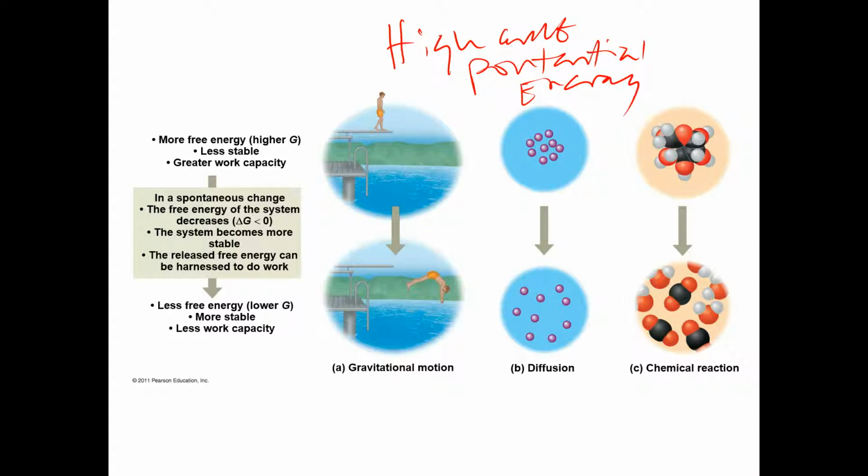Now, when the diver jumps off, that energy is released, and when he hits the water, there's the lowest amount of free energy. So you go from high energy to low, from being less stable to more stable. So here delta G becomes negative.